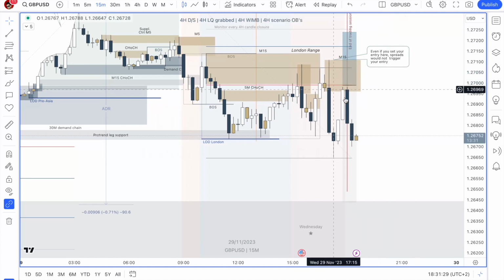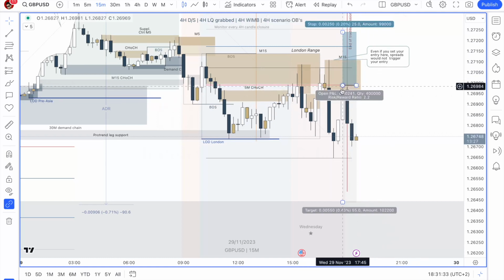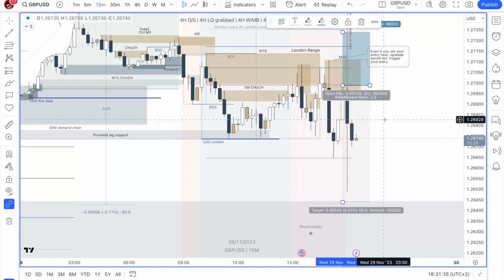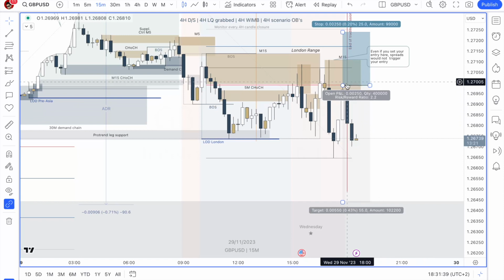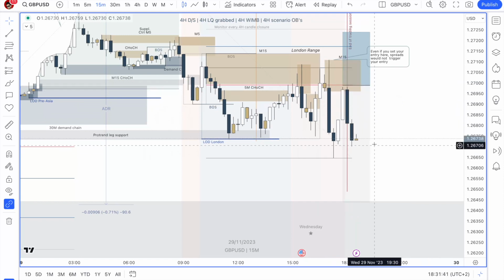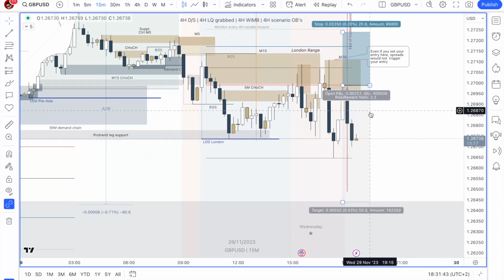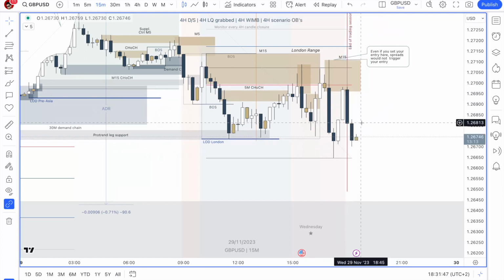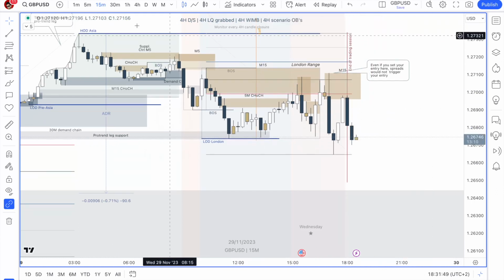So essentially, this candle came in and just missed the 50%, which is where I would have entered. That wasn't tagged, and then as you can see at the end of my trading session, price pushed down, and I'm not willing to enter any more trades after the end of my trading session. So that brings me to the end of the day.